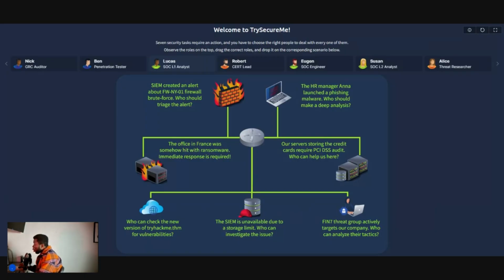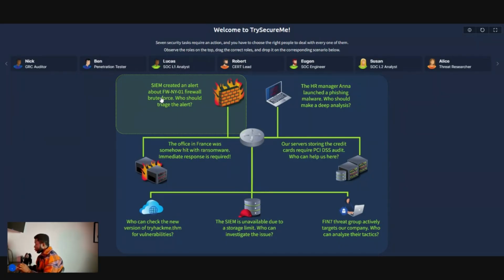Let us look at all the roles here and see which one fits his description. Now, SIEM created an alert about FW-NY-01 firewall brute force. Who should triage the alert?